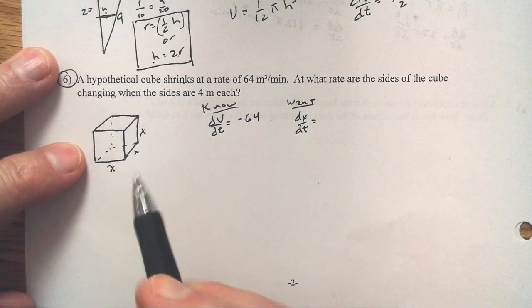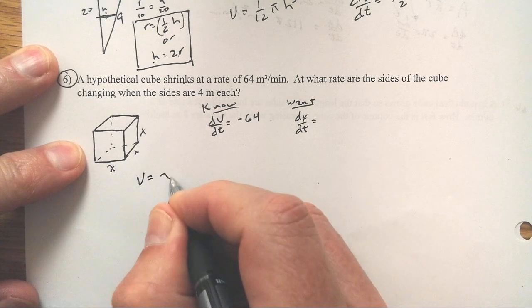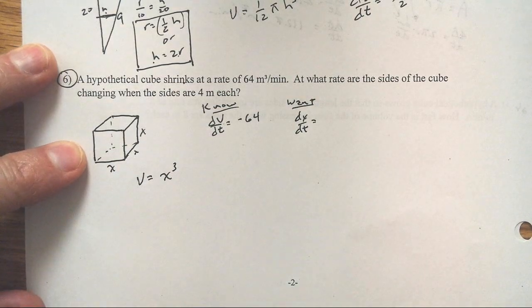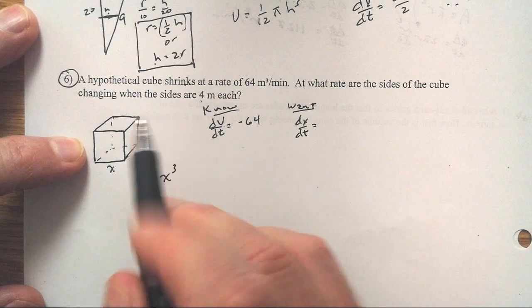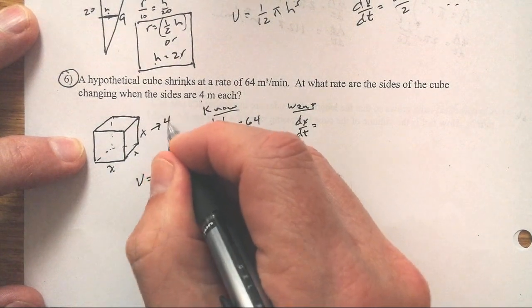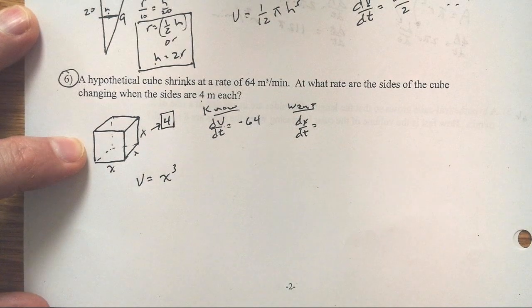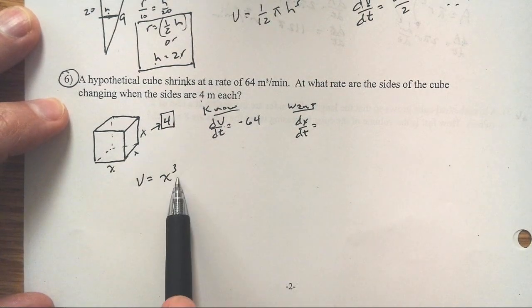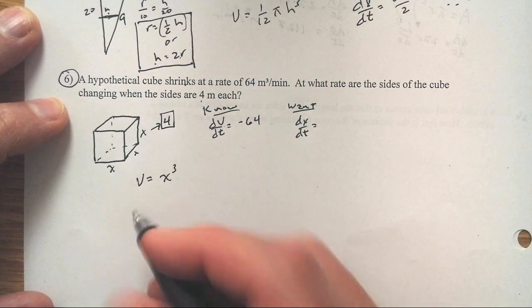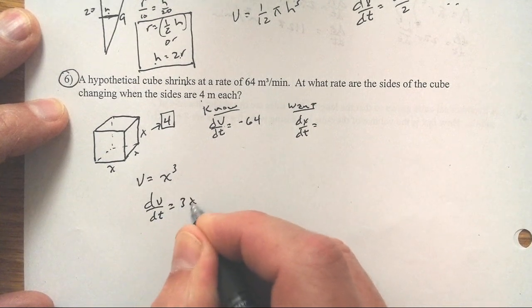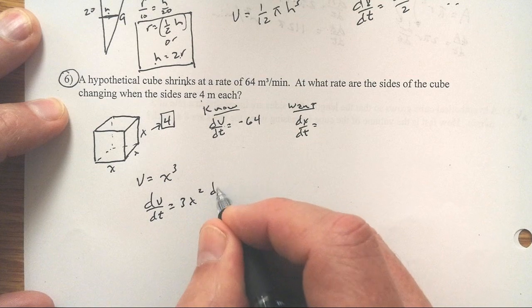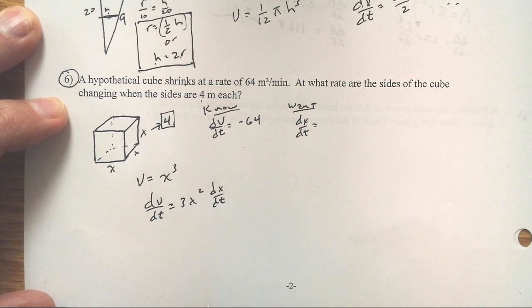Well, of course, that is volume equals x cubed. And I want to know this when the sides are 4. The sides aren't always 4. That is our snapshot. I don't put 4 in until I take the derivative. dV/dt is 3x squared dx/dt.